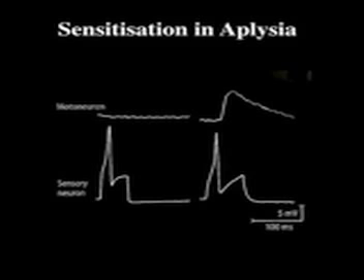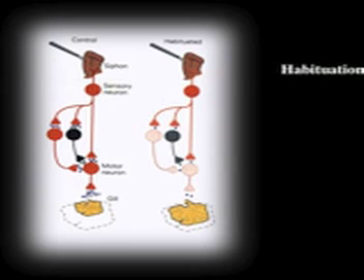So here you can see that the sensory neuron has the same stimulus, but the motor neuron this time has an increased stimulus. If we look at the mechanisms by which that happens, we find there are 2 sorts of mechanisms in place. The first one is governed by the amount of neurotransmitter that is secreted by those sensory neurons and interneurons.